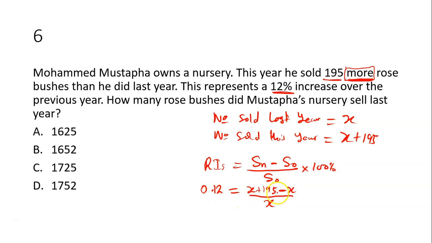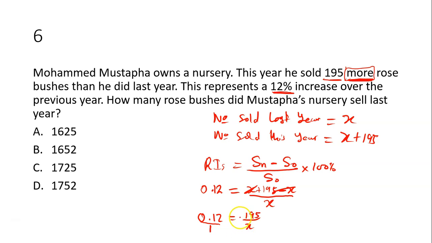Now, x minus x will give you 0. It means that this negative x can cancel out this positive x. So we will have 0.12 equals 195 over x. Now, 0.12 is over 1. Okay, so it's either we cross multiply or we multiply both sides by the LCM, which is x.